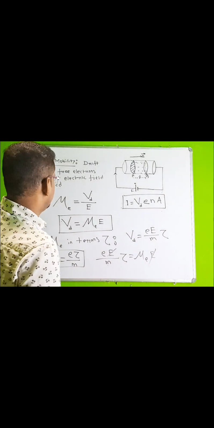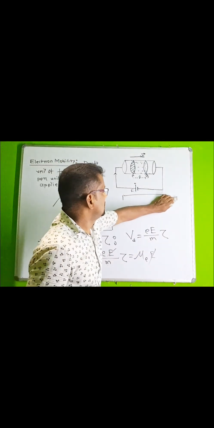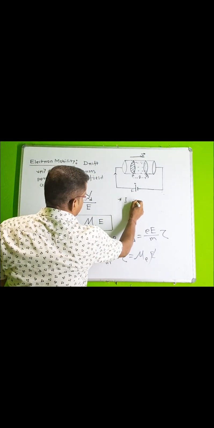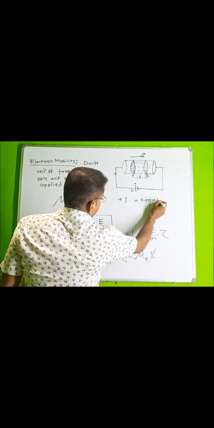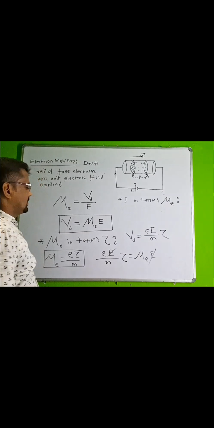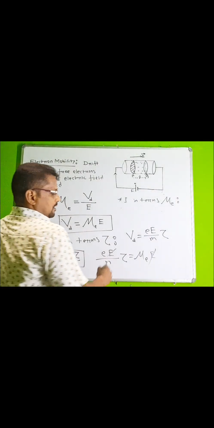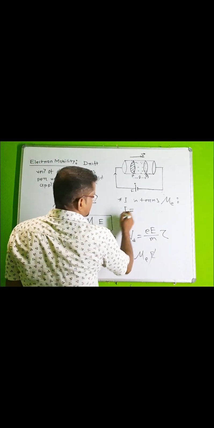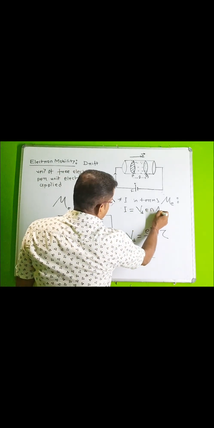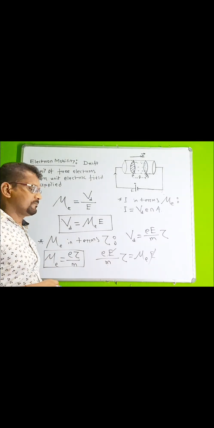Then one more expression, let me write here. Current I in terms of electron mobility mu e. As you know, I equals v_d e n A. This expression we just derived. So this is the relation between current and drift velocity.